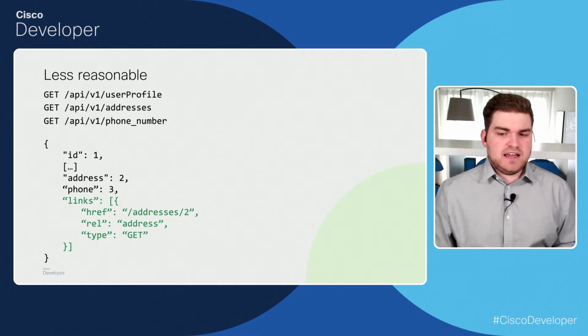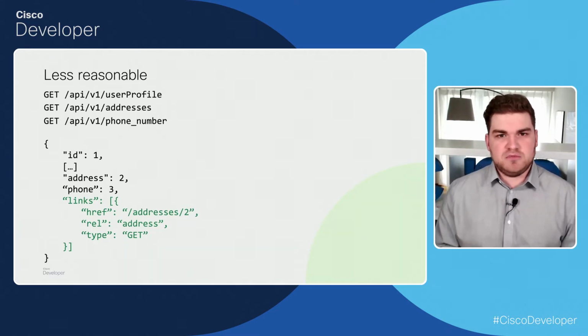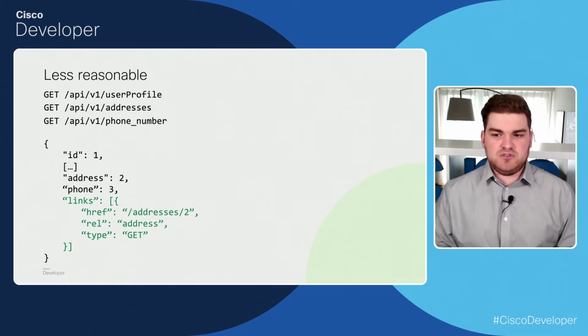Then we have things like the link properties, right? Maybe someone has come up with the idea that you definitely need HATEOAS, so hypermedia as the engine of application state, in your API. And they're like, let's introduce these links. And in fairness, these links could actually solve quite a few problems with that nightmarish API design before, right?